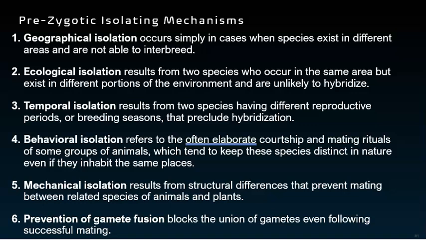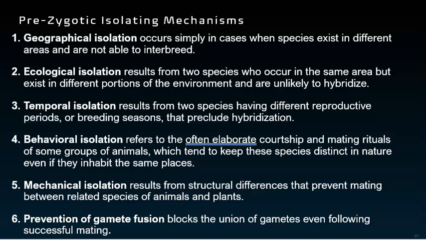Also, there's temporal isolation, which results from two species having different reproductive periods or breeding seasons that preclude hybridization. So basically, they're not breeding at the same time, so they're not going to reproduce offspring together. There's also behavioral isolation, which is possibly the most interesting.